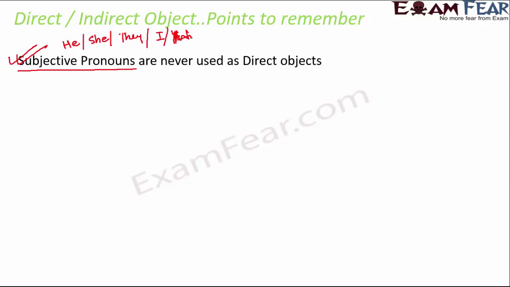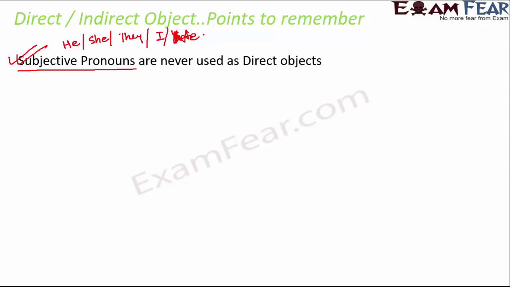These are all examples of subjective pronouns. Why? Because all these forms of pronouns are always used as subject. Now it is quite obvious that if they are used as subject in a sentence, they cannot be the object, right? So therefore these subjective pronouns are never used as direct objects.